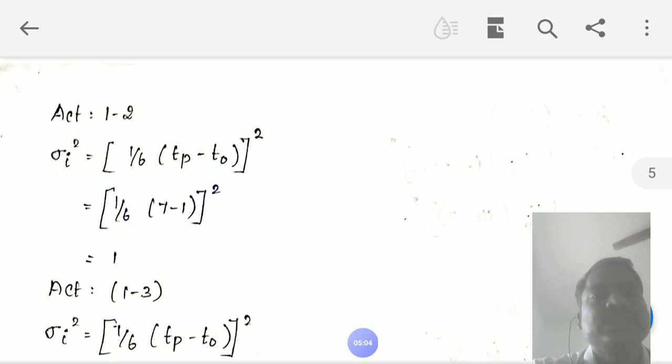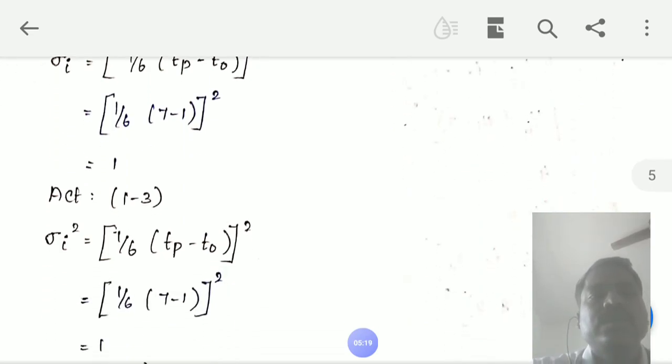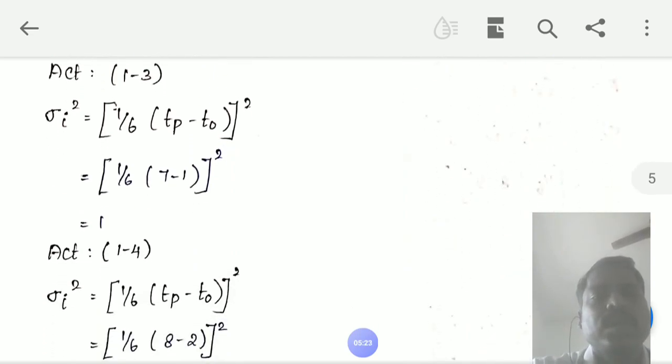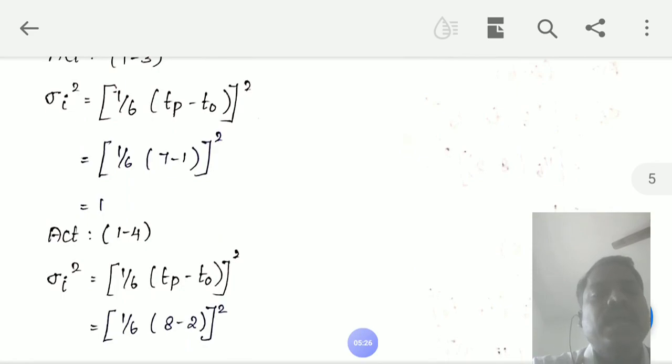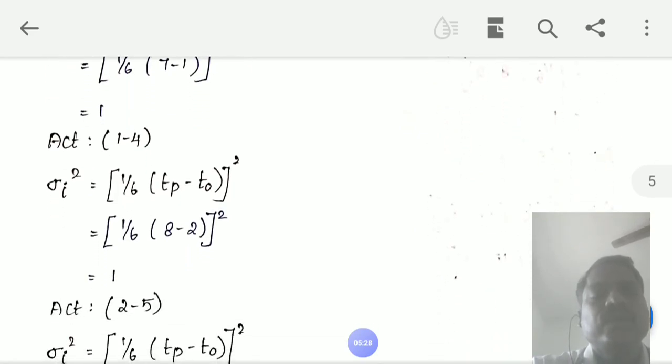Therefore, 1 by 6 into 7 minus 1, whole square, equals 1. Then the variance of activity 1 to 3 is 1, and the variance of activity 1 to 4 is 1.